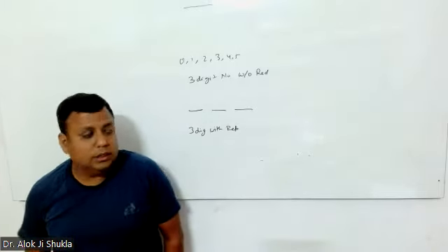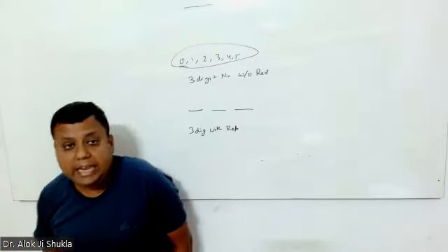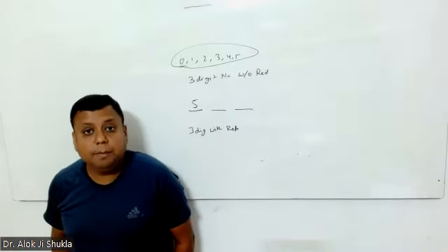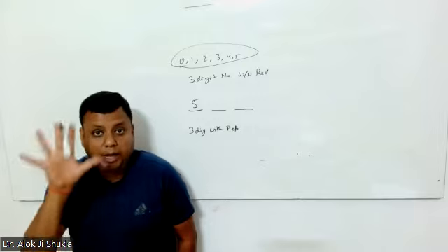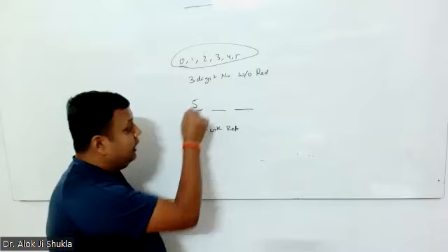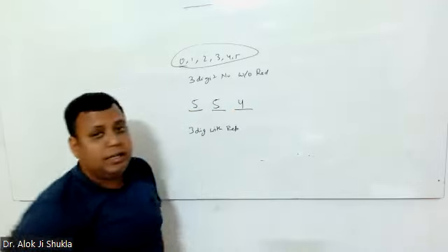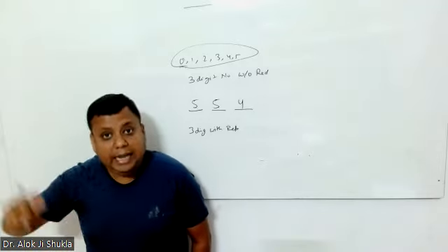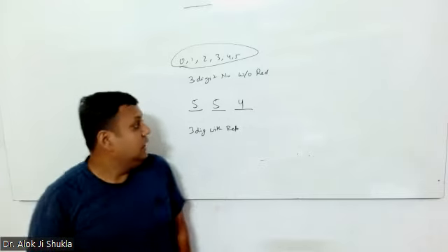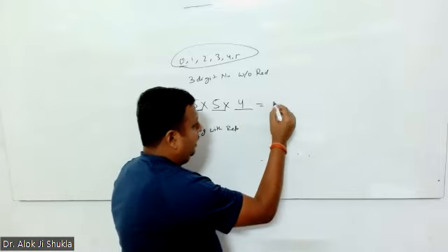Now the issue is that though I have 6 digits, I cannot put 0 over here. So the number of options for the 100 place becomes 5. Now, out of these 6 digits, I have already used 1 digit. So then 5 on the next place and 4 on the next place. So it is neither n to the power of r nor nPr. Here we have 5 into 5 into 4 ways. It will be 100 ways.